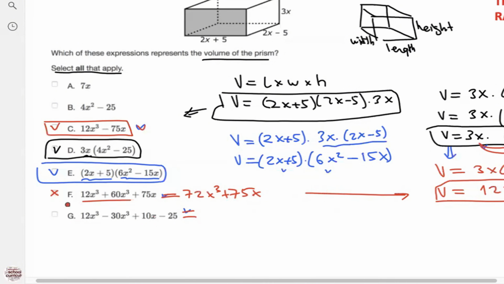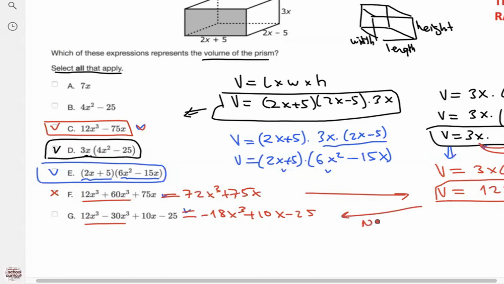Definitely we will not click on F during the examination. When I simplify G, 12x cubed and 30x cubed are also like terms, negative 18x cubed when you combine them, plus 10x minus 25, which is far from my answer.